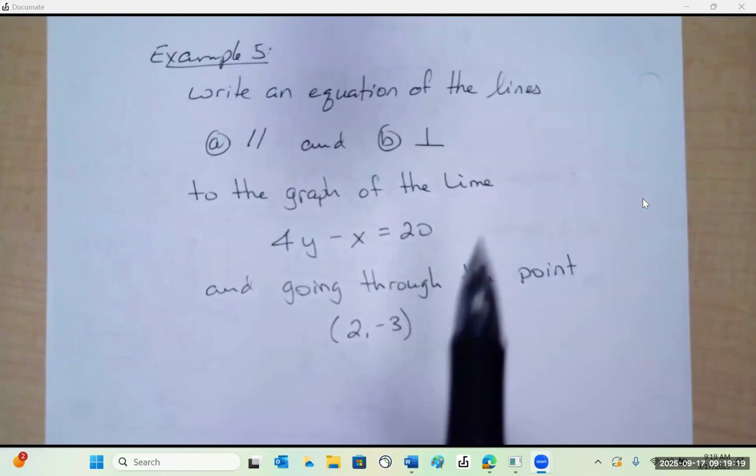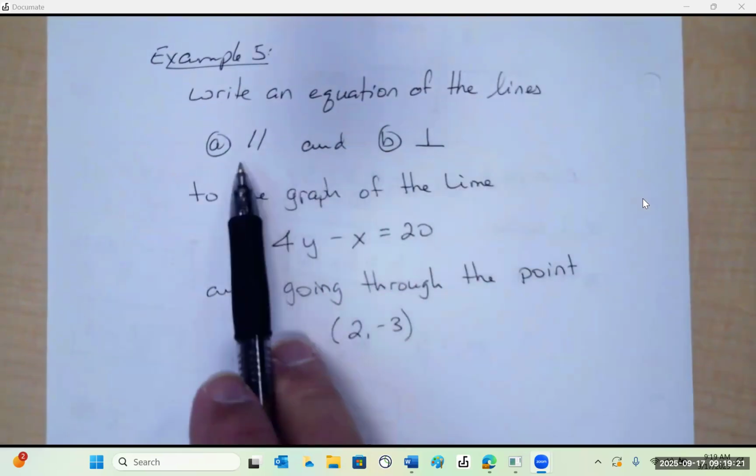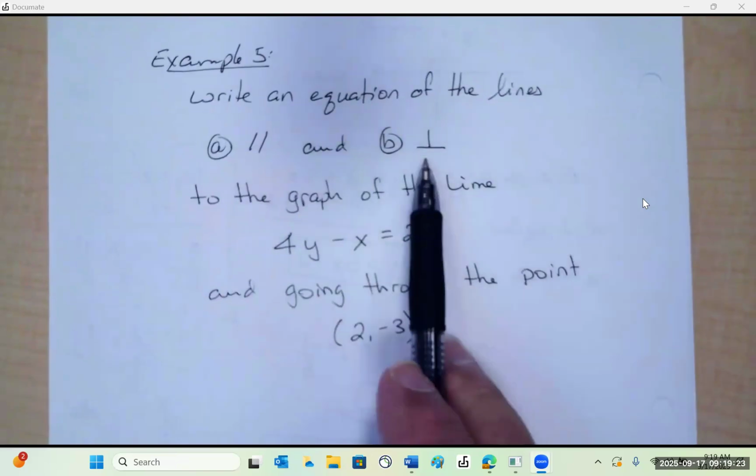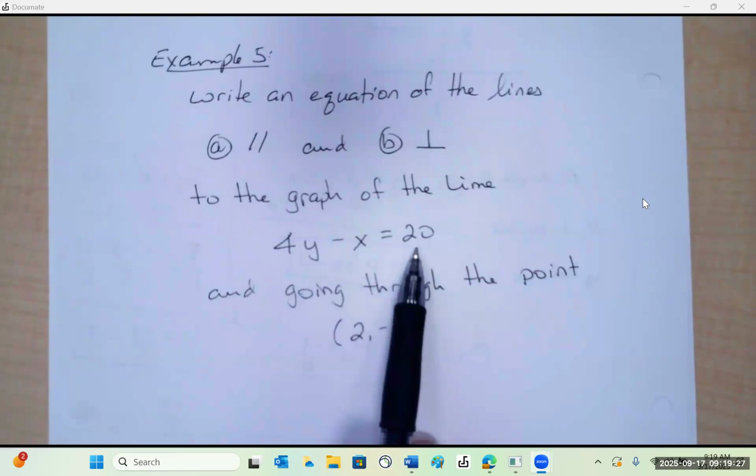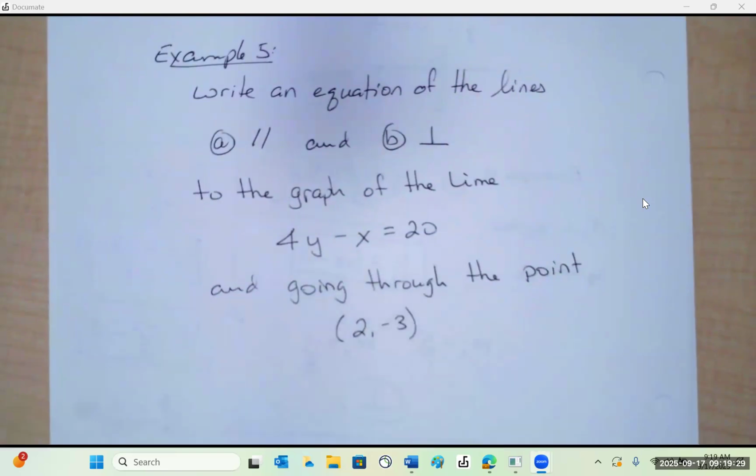So it wants you to write an equation of a line that's parallel, an equation of a line that's perpendicular to the graph of the line 4y minus x equals 20 and going through the point 2, -3. So we're going to find two equations here.